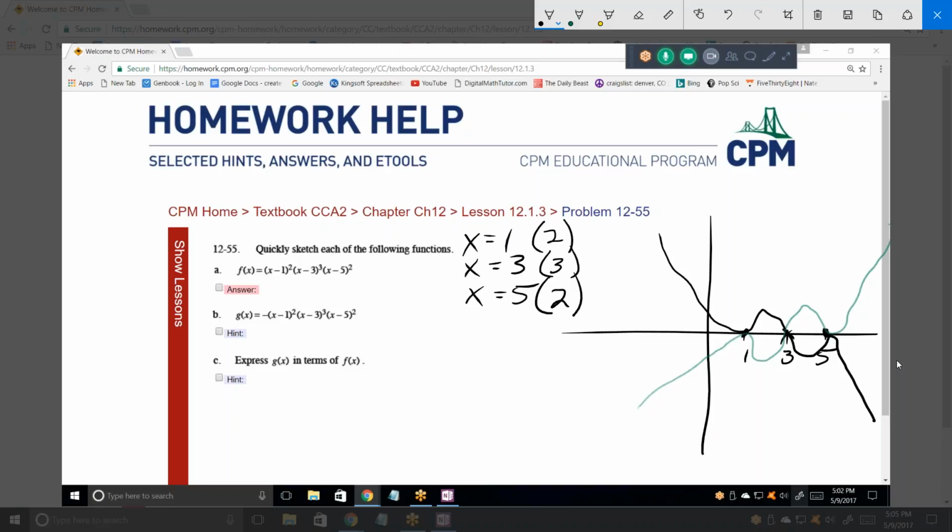Better yet, what happens when x goes to positive infinity? Well, that means you have infinity squared times infinity cubed times infinity squared. Well, that's infinity to the 7th. That is the green curve, not the black curve.